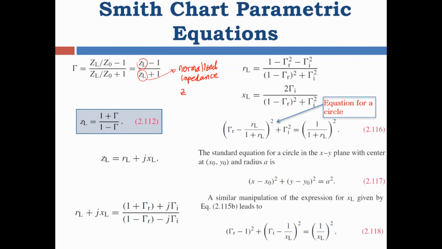Is it going to be the uppercase or lowercase? If it is the normalized one, which is the lowercase, I put a tilde on it just to distinguish between the impedance itself and the normalized one.